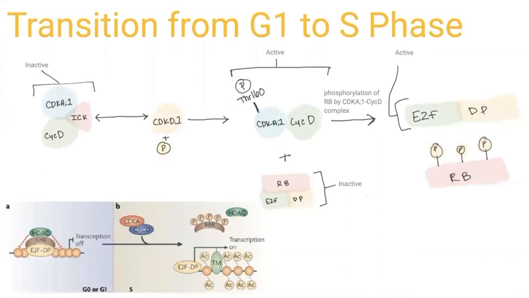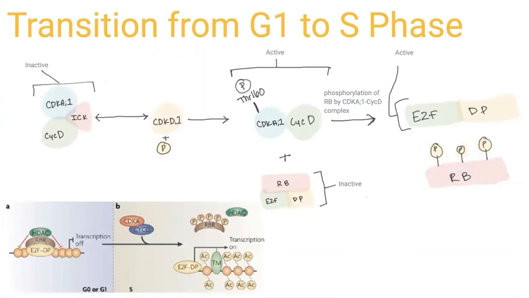If we move down the pathway, the ICK is going to come off, and there still needs to be a lot of research done on what helps promote that removal. It could be the concentration of the ICKs present.